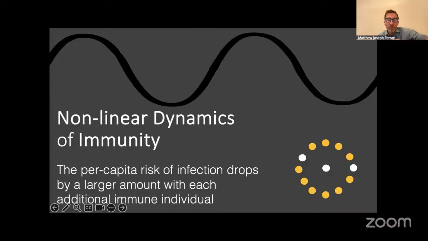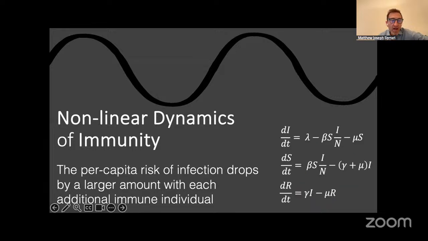And somewhere before 100% of people are immune, your risk drops to functional zero. And the change in the amount of that risk reduction as you increase the number of immune people around you, that is the nonlinear response.